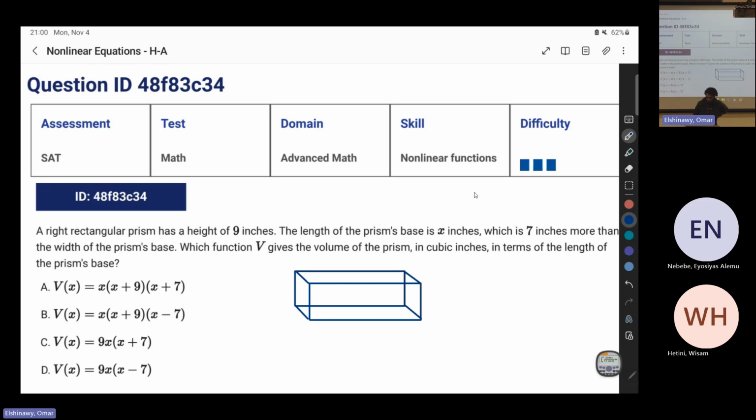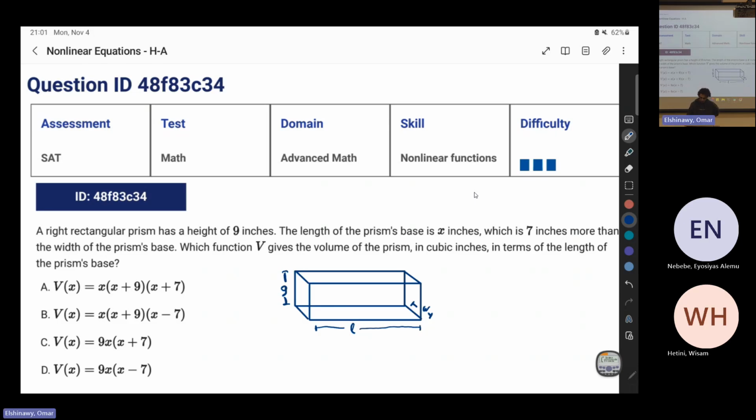So that's a very well drawn prism. The height is 9. The length is the length. And the width is the width.